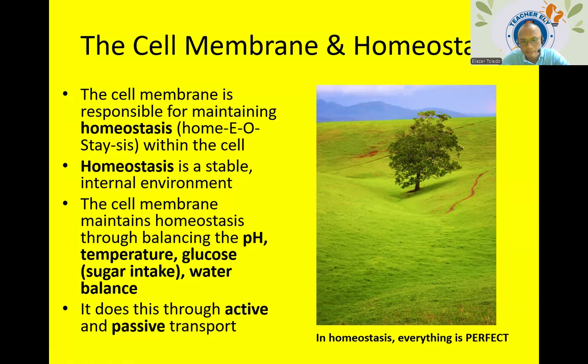We would need to lose water to cool down the body if the temperature is very hot, and that is a way for homeostasis to happen. The cell membrane maintains it through balancing pH, temperature, glucose, sugar intake, and water balance. It does this through either active or passive transport, which we will be discussing more.